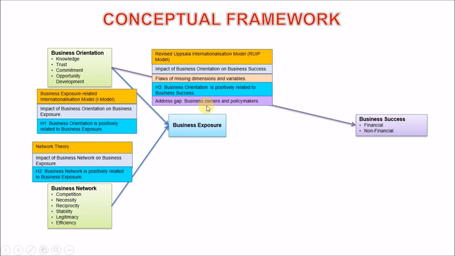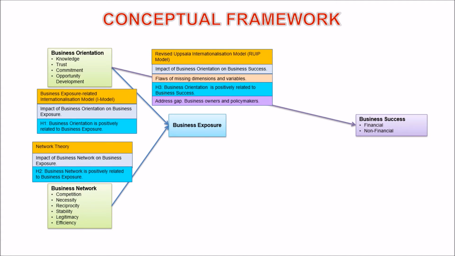So if we talk about these flaws, missing dimensions and variables, this is a problem statement, so we have the significance of the study. After conducting this research, the gap will be addressed, and from there business owners and policymakers will get benefit. So this is the problem statement, this is the significance of the study.